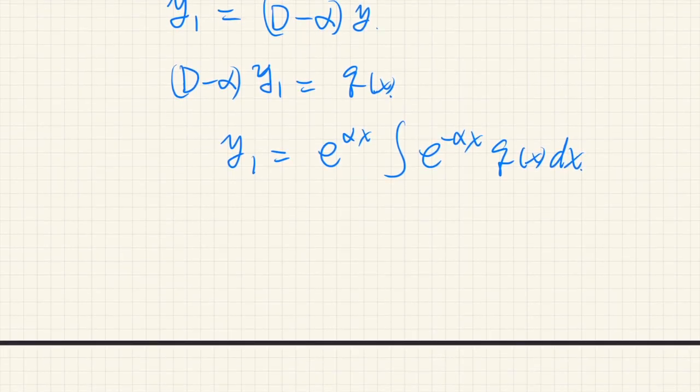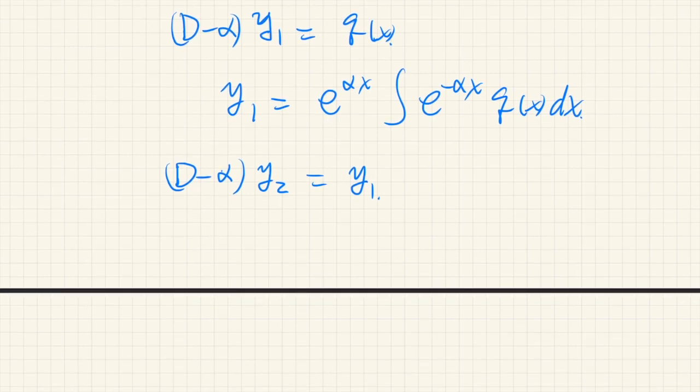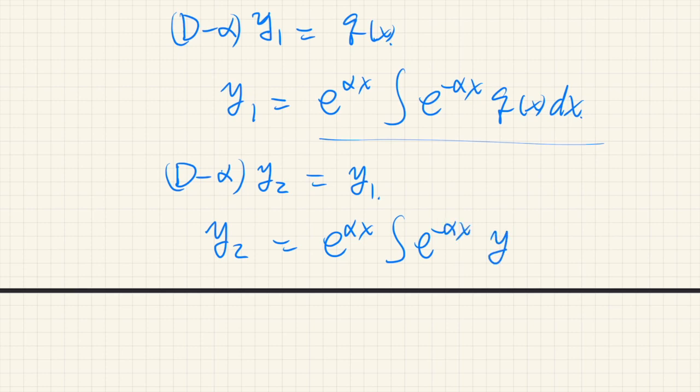And next we solve this equation. So D minus alpha, let's say y2, so that's the final solution, equal to y1. And this is of course solved readily, just the same formula, e to the alpha x and e to the negative alpha x here, and instead of q we have y1 here.